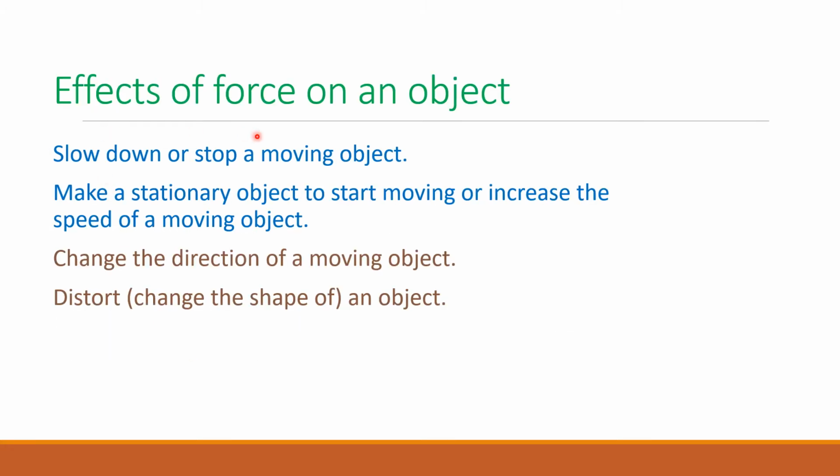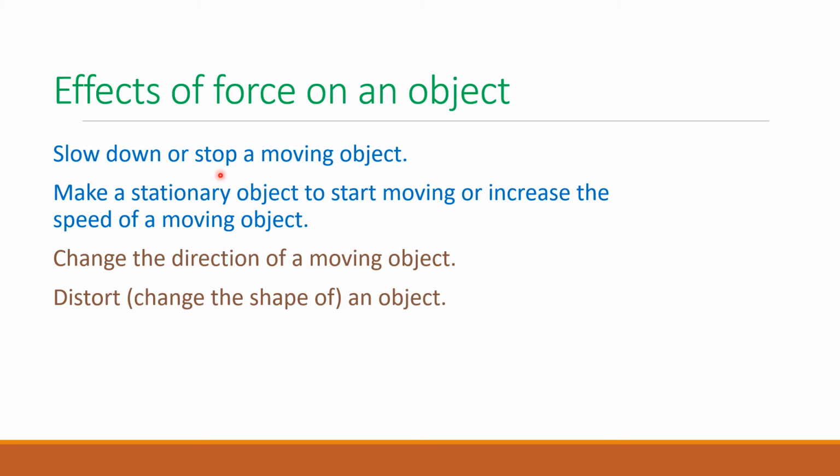What are the effects of force on an object? First, a force may slow down or stop a moving object. Why? We have defined a force as a pull or a push. If an object is moving forward and it experiences a pull from behind, then that object will slow down or stop.